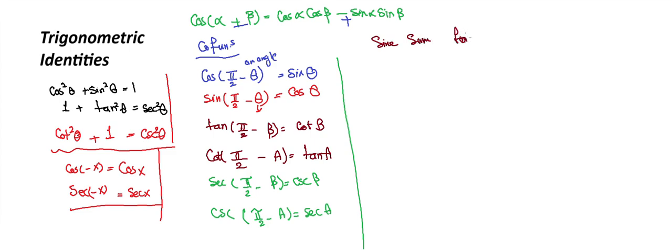Up to this moment we didn't prove the sine sum formula. How can I prove it using the information that we've learned? Sine of alpha plus beta, or a plus b, equals sine a cosine b, plus cosine a sine b.